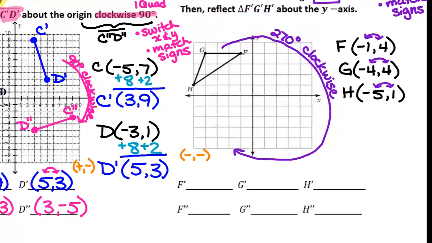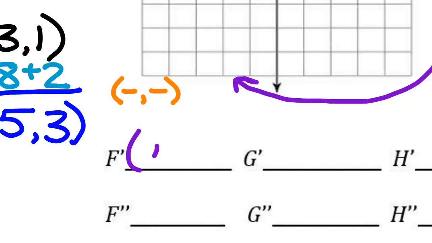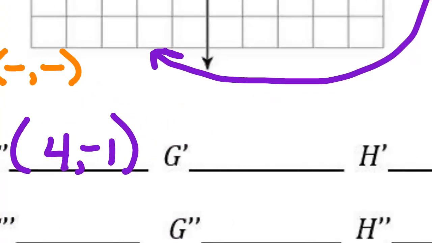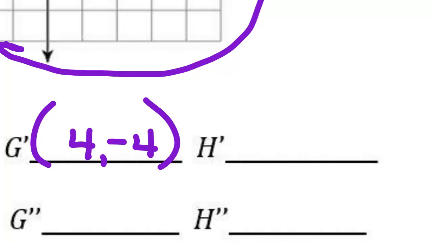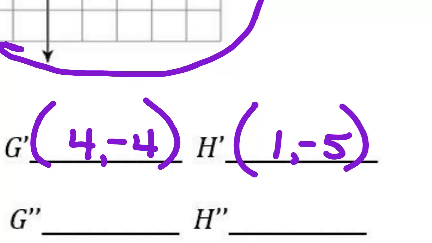So when I switch F, that becomes 4, -1. When I switch G, that becomes 4, -4. And when I switch H, that becomes 1, -5.